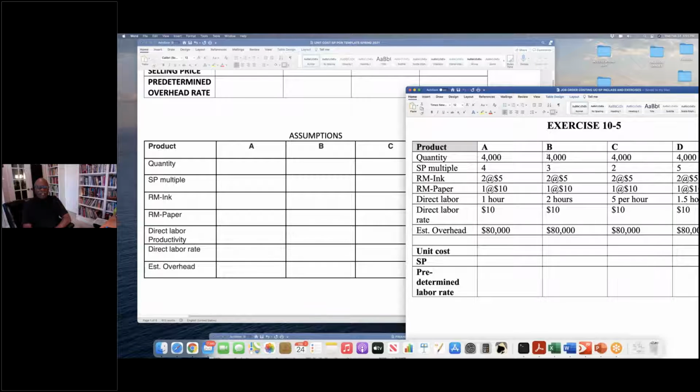All right, you were assigned B based on my sheet here. So let's do it. We're putting assumptions in.